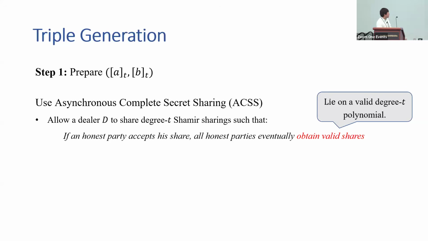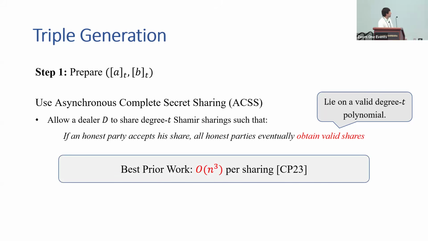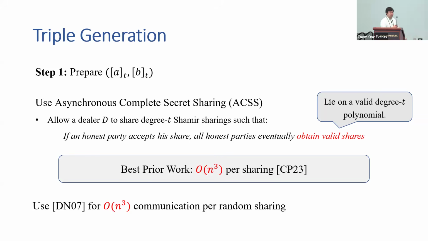And asynchronous complete secret sharing allows a dealer to distribute this degree T Shamir sharing in such a way that the honest parties end up accepting a point in this degree T polynomial. And the best prior work doing this achieved only n cubic communication per sharing. This was CP23. And using super-invertible matrices, this would also be the cost for random sharing.